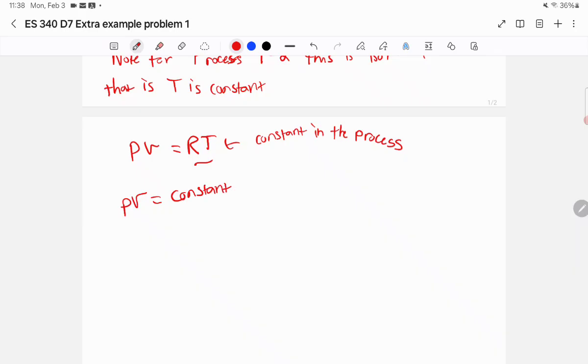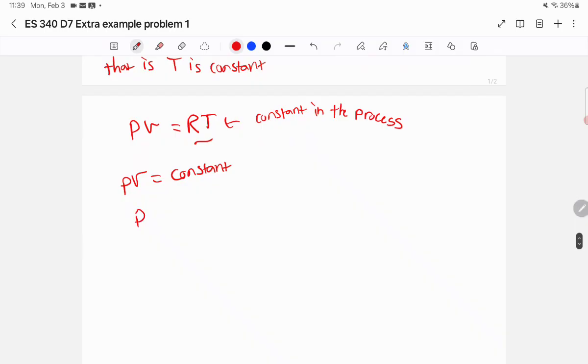You've seen this before. This is a special kind of process that we've seen multiple times already. And that means that P is equal to some constant, we'll call it C, over V. Okay? Where C is, of course, just equal to PV.